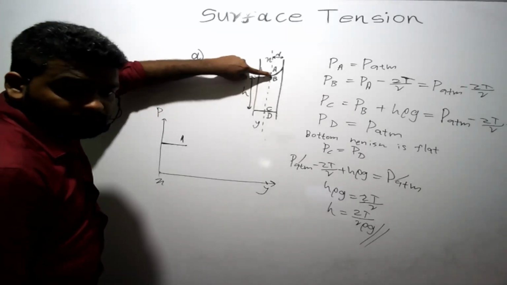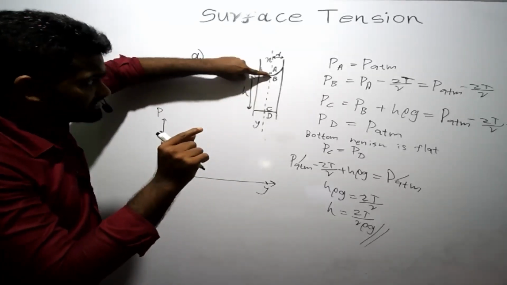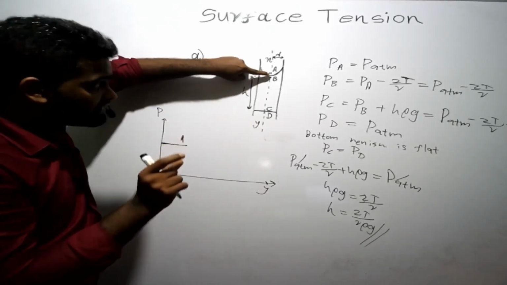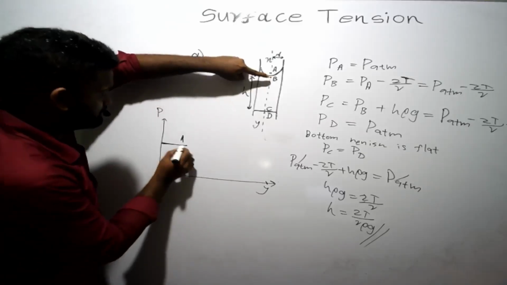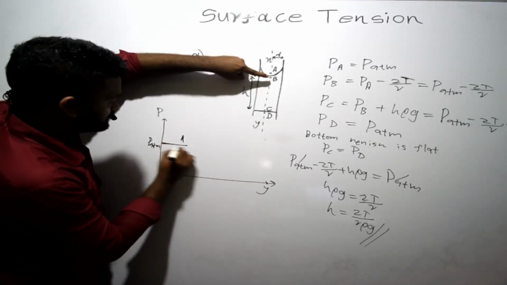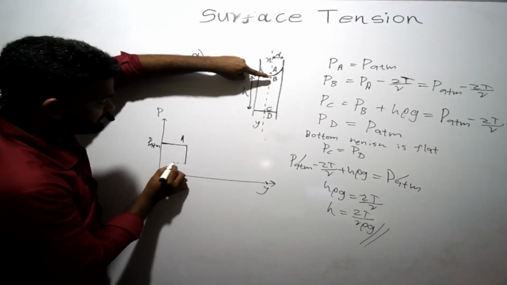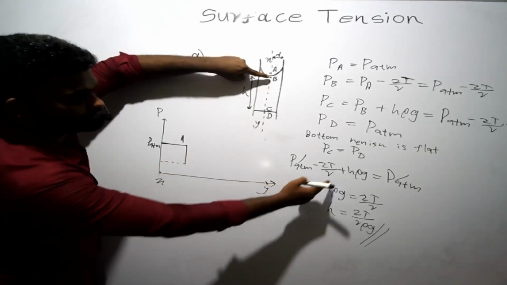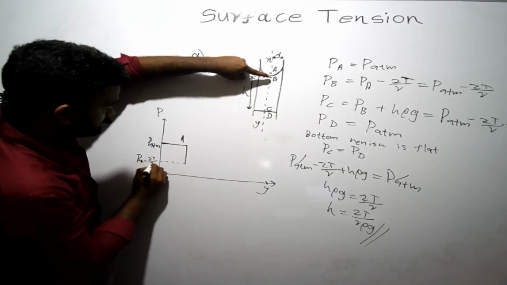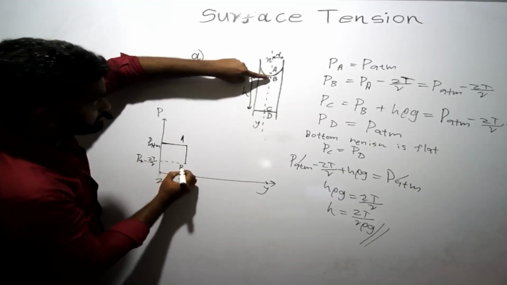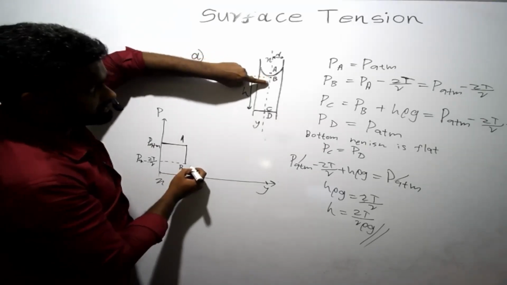So once you go to B, what happens? Suddenly, it is just the thickness of the meniscus, pressure drops. This is atmospheric pressure. Suddenly pressure drops. By how much? By 2T over R. Now the pressure is PATM minus 2T over R. That's the pressure at point B. Then we further go down.